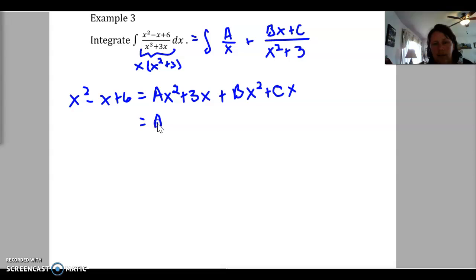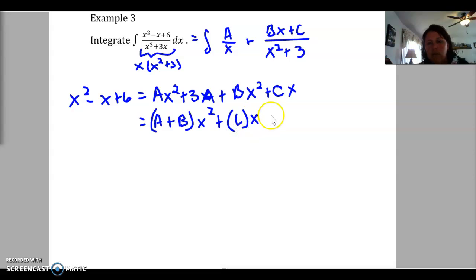Now, combining like terms, we can factor out an x squared, and our coefficient would be A plus B, x squared plus, oh, that's not supposed to be, I did this last time too, didn't I? That is supposed to be a 3A. And then just a C for our coefficient for x, and then a 3A for our coefficient for the constants.